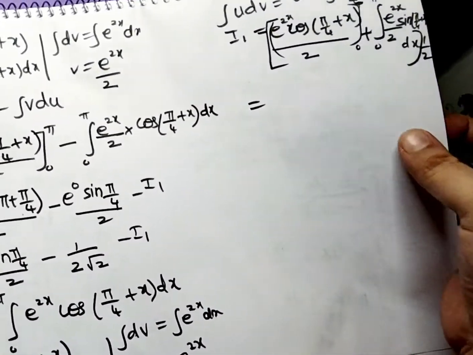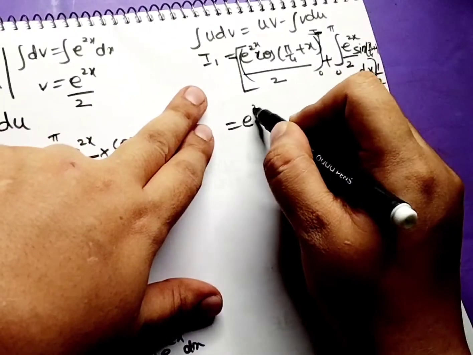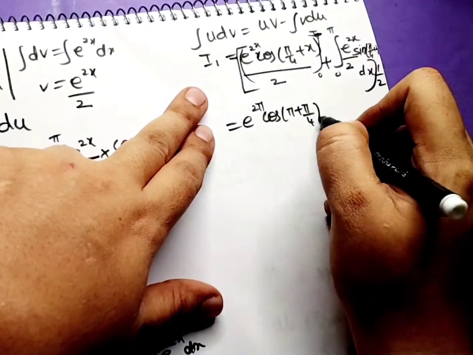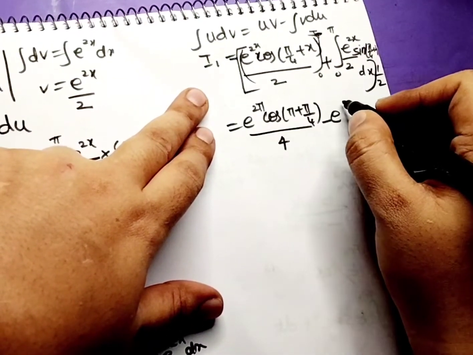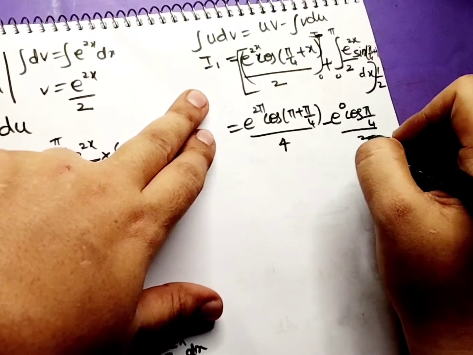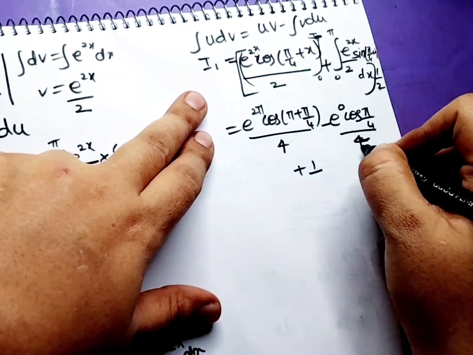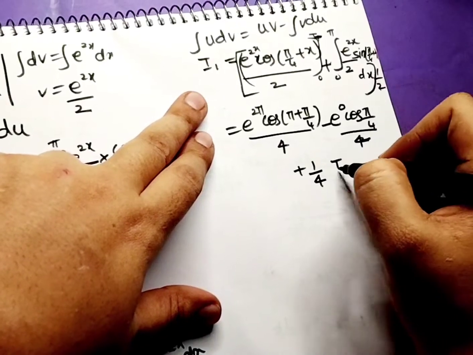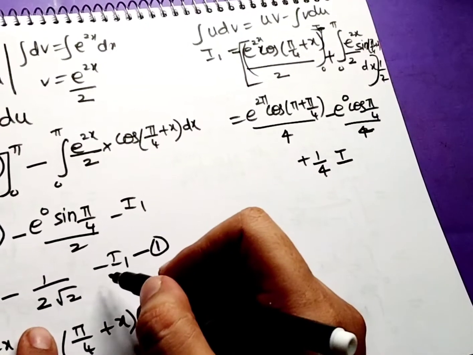So when we apply the limits, upper limit is e power 2 pi cos of pi plus pi by 4, 1 by 2 into 1 by 2 the whole power 4, minus e power 0 cos of pi by 4 by 2, already 1 by 2, so we'll take 1 by 4, here also it is 4, and e power 2x sine of pi by 4 plus x we have taken it as I, we'll substitute as I, and we'll take this as first equation and we'll substitute here.